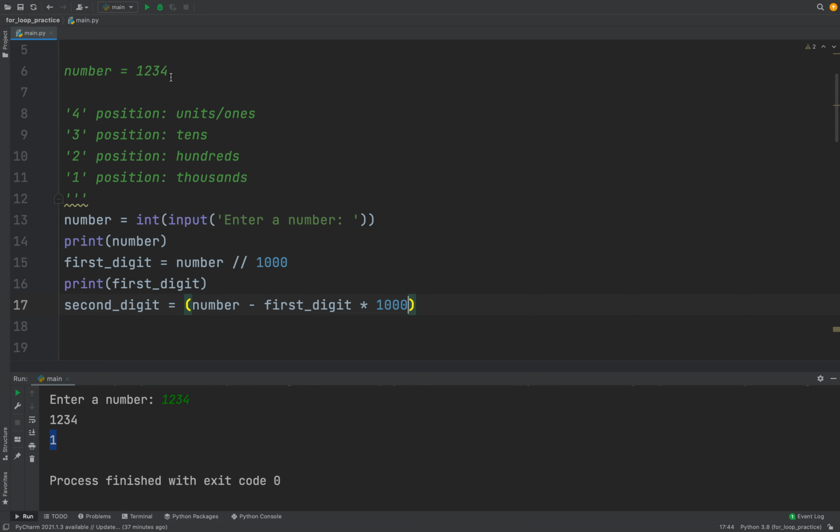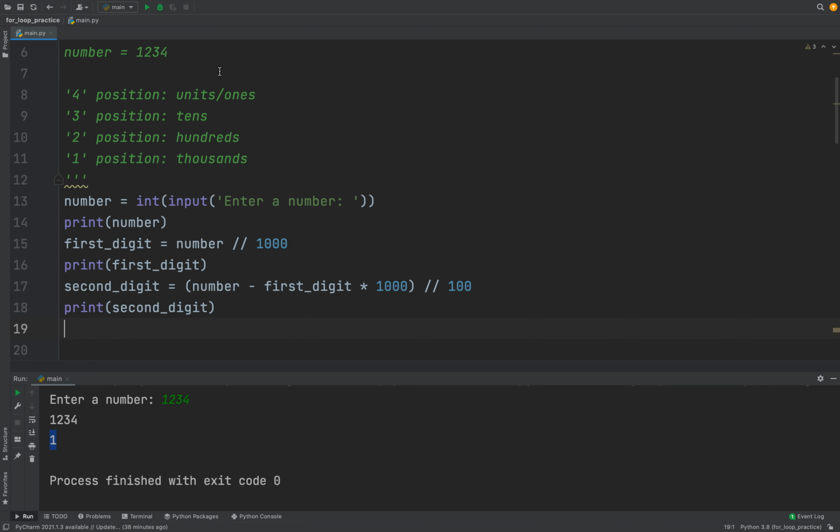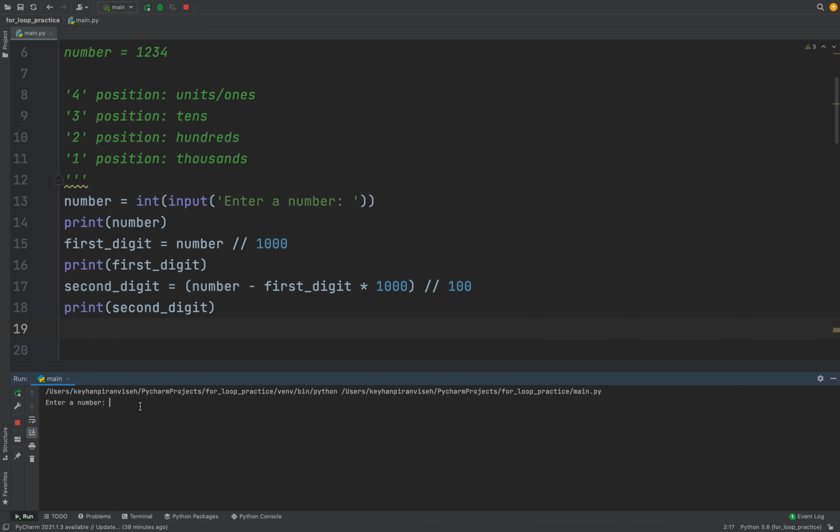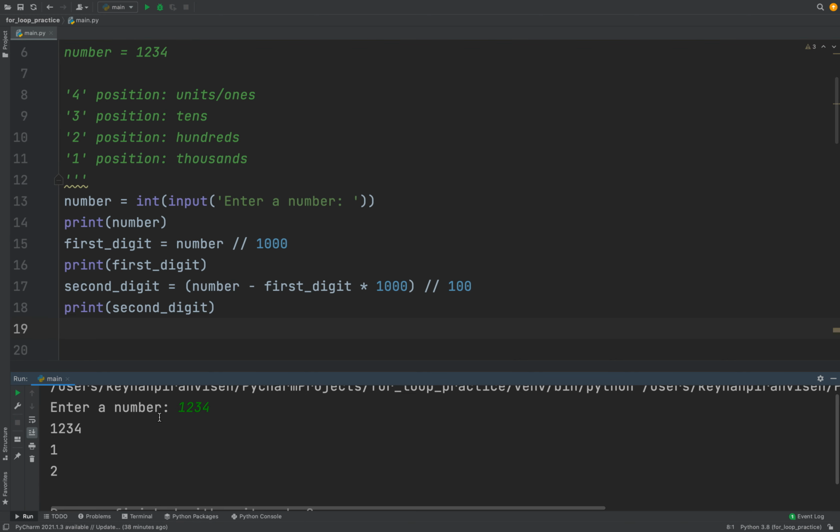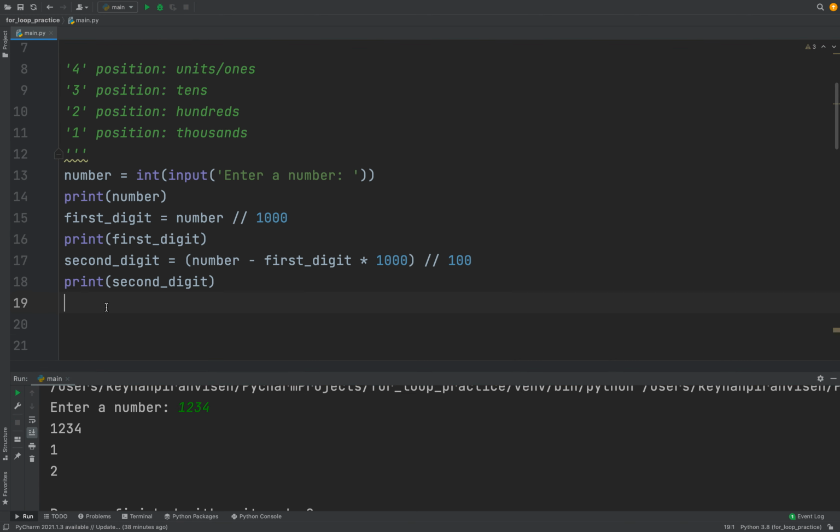Subtract it from this number, 1234, and it will give you 234. Now, because 2 is at the hundreds position, I'm going to say divided by 100, and it gives you 2.34. Let's make it floor division, and it will give you 2. And let's print it, second digit. All right, let's run it again. And there you go, that's our second digit.